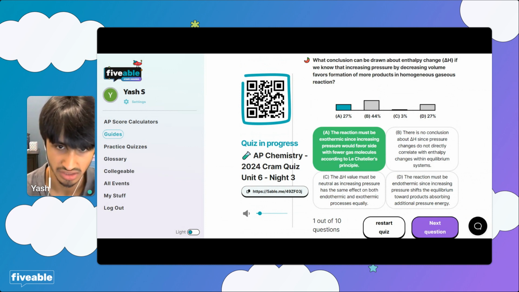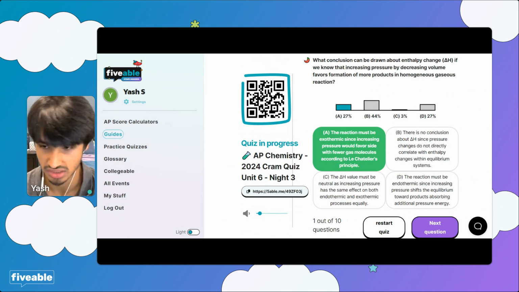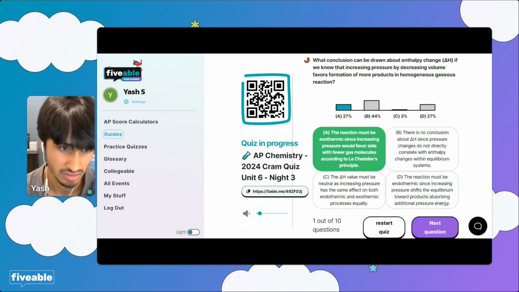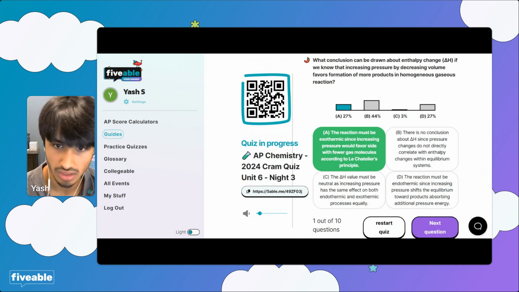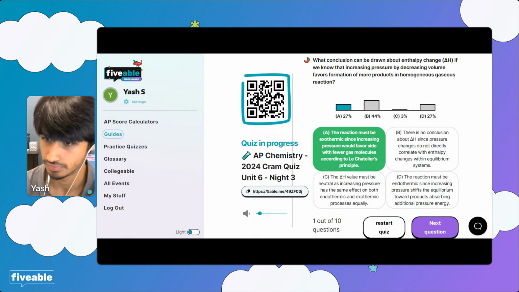The reason A is incorrect is that if you have a different number of gas molecules, it doesn't necessarily influence the delta H. For delta H to be approximately 0 is a very rare situation in the first place, and the rest of it is also not correct. And D is just the inverse of B, and since A makes no sense, D also makes no sense.